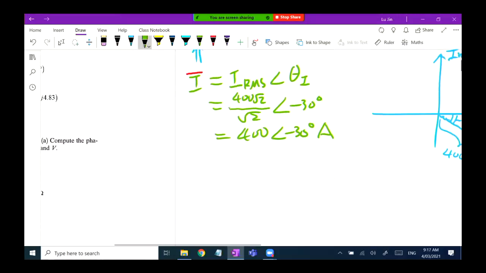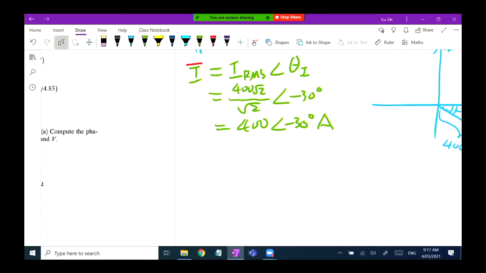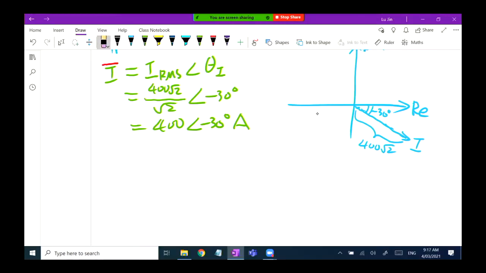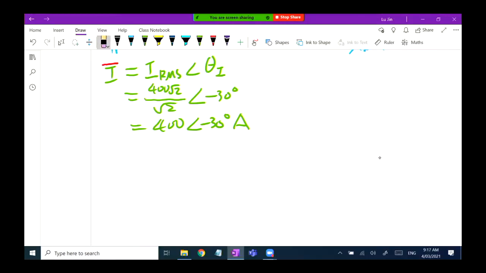Of course, this question is not asking us to plot this vector in the complex plane, but for our further analysis, we try to draw it out. So now I will plot this vector in the complex plane. It should be very easy. This is the real axis, and this is the imaginary axis.